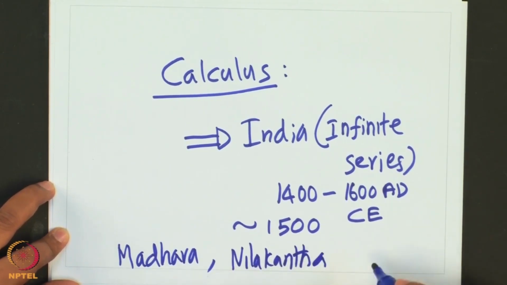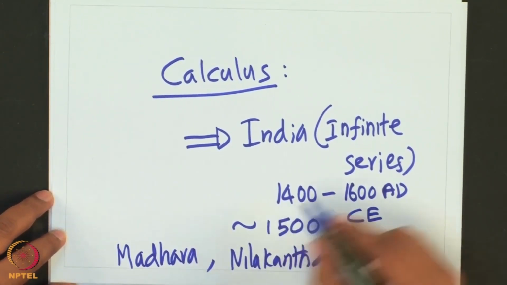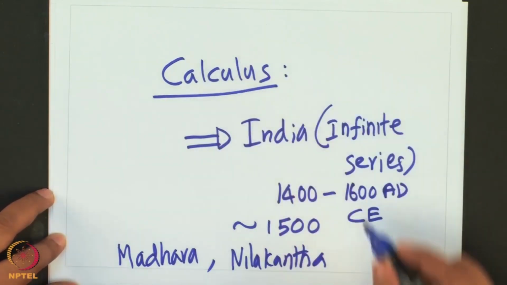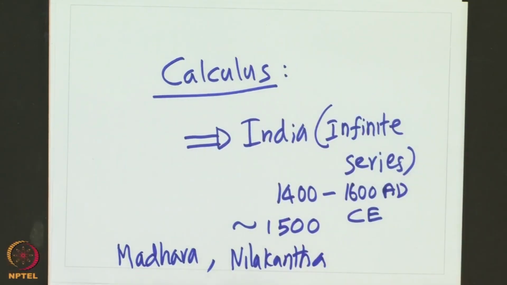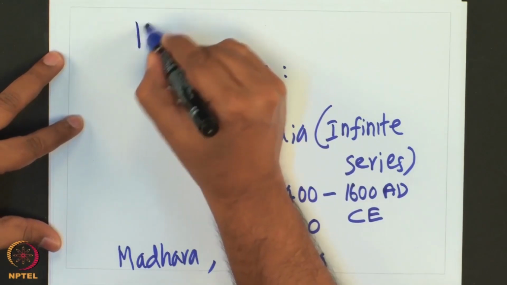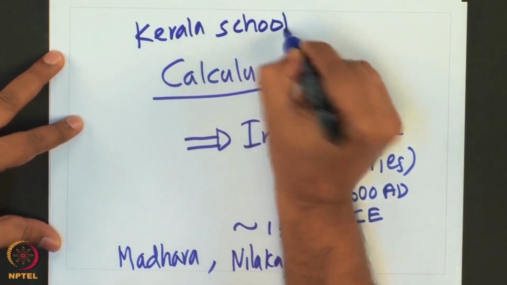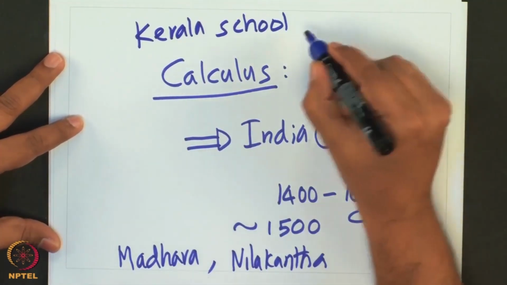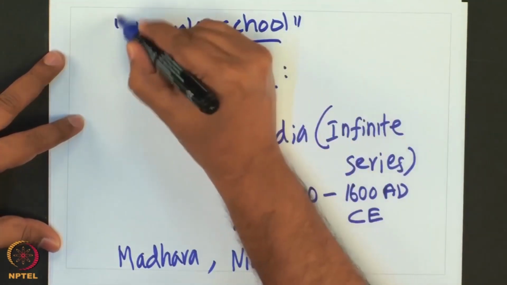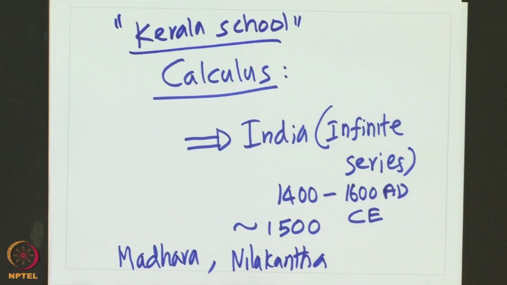You should read about this, and this is known as the Kerala School of Mathematics. You should Google search and learn about it, now known as the Kerala School of Astronomy and Mathematics. We'll talk about this a little bit later, but that is the beginning of calculus in some sense.